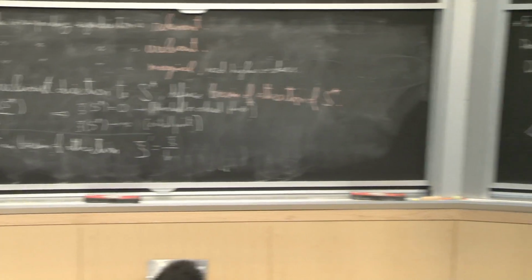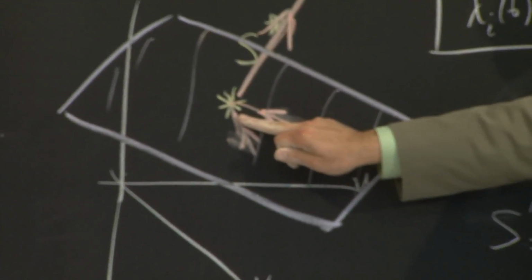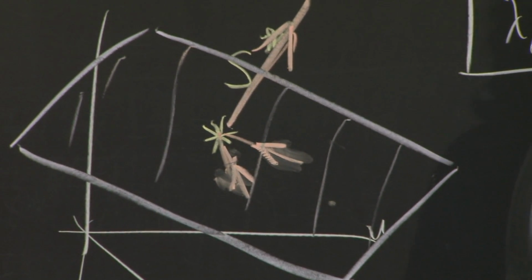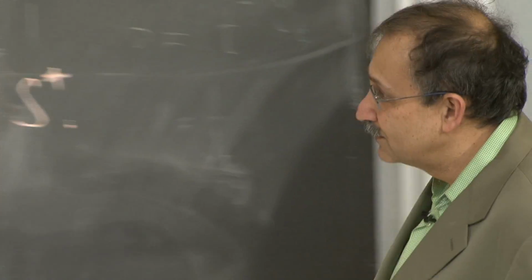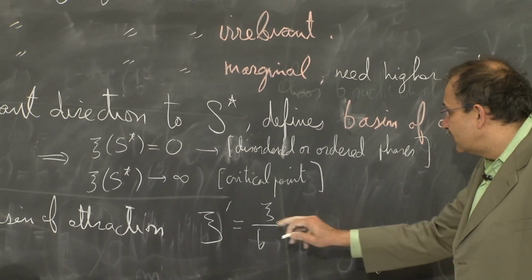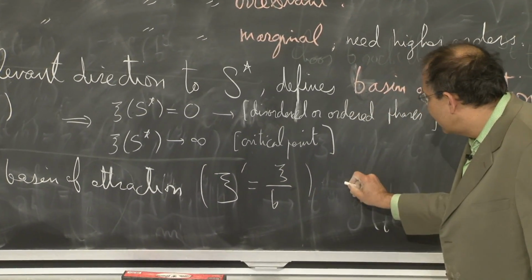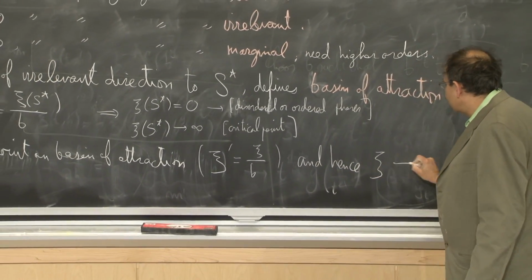But ultimately, you end up at the fixed point, and at this point the correlation length is infinite. So any point on this basin of attraction, in fact, has infinite correlation length. Every point on the basin has psi prime equal to psi, and hence psi has to be infinite.